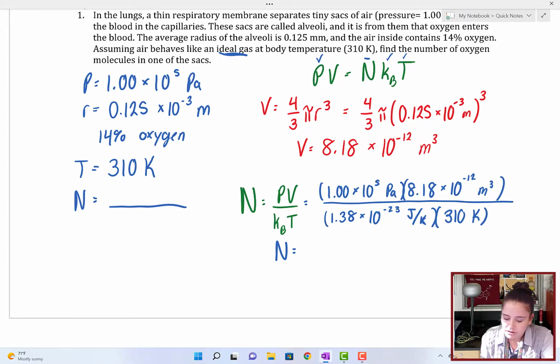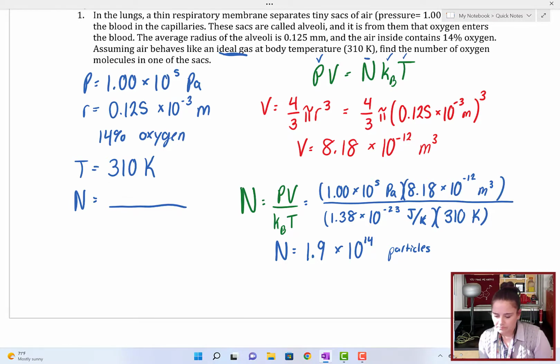Okay, so let's go ahead and math that out. We have 1 times 10 to the 5th times 8.18 times 10 to the negative 12 divided by 1.38 times 10 to the negative 23 times 310. And you get 1.9 times 10 to the 14th particles.